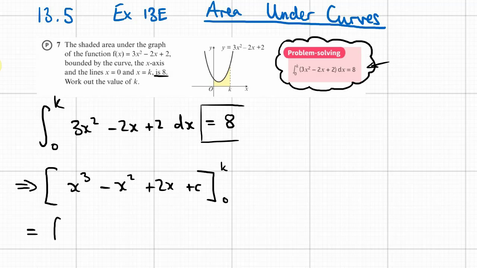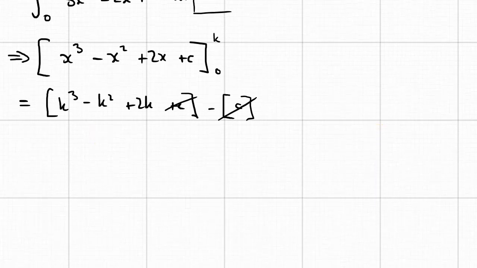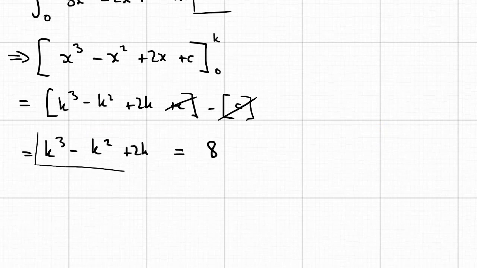So substituting in k, get k cubed minus k squared plus 2k plus c, and I'm going to subtract, well, when I substitute 0 into all that it'll disappear, so I'm just subtracting c. That will cancel with that. So I just get k cubed minus k squared plus 2k, bringing back in my equals 8 now, because I feel like I've done all my integration, I've done all my substitution. I can form this equation now.